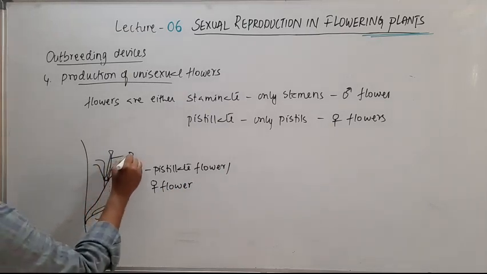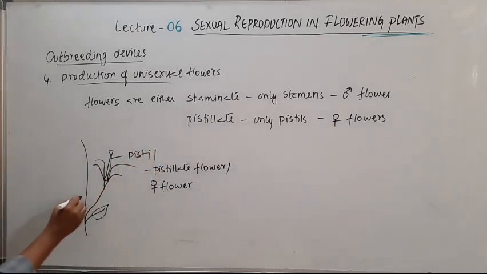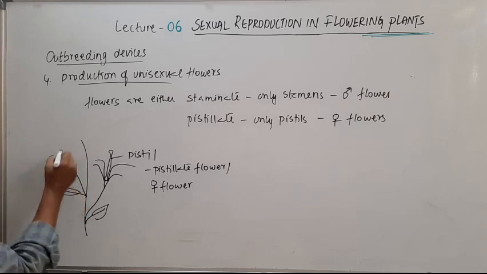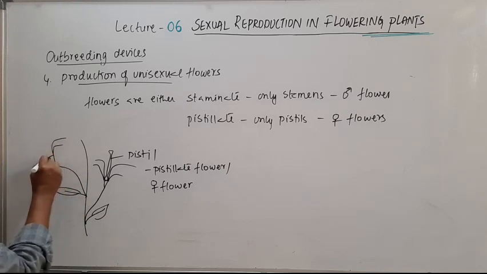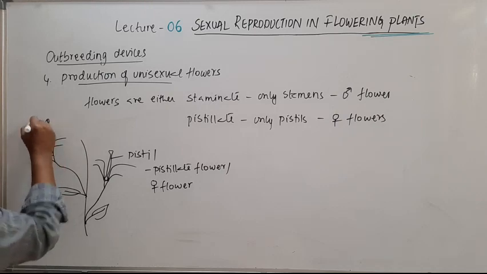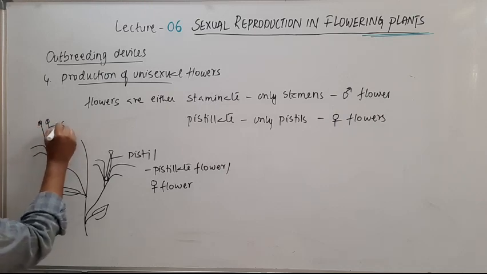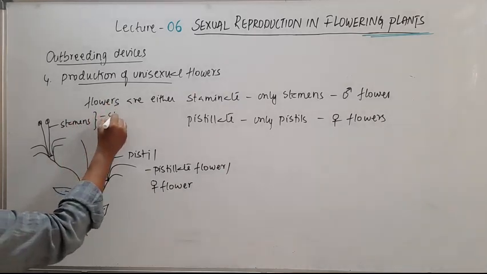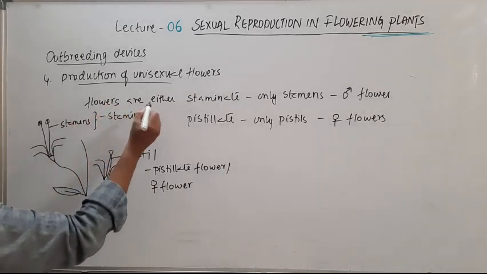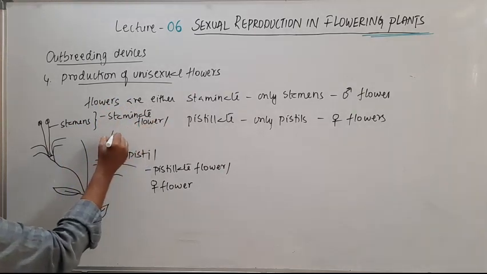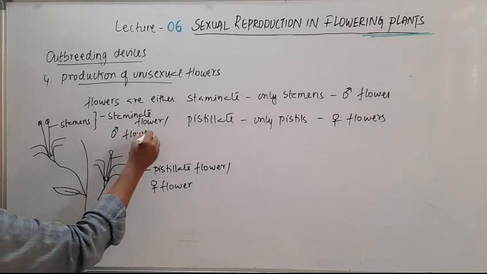This is the pistil. Now this is another flower, and it has the presence of stamens. So these are stamens, and this is a staminate flower, so that is a male flower.